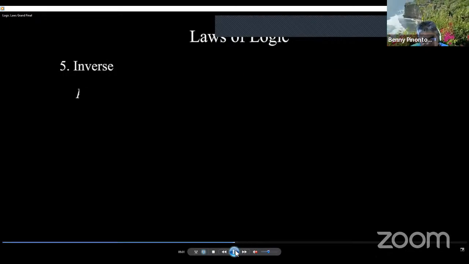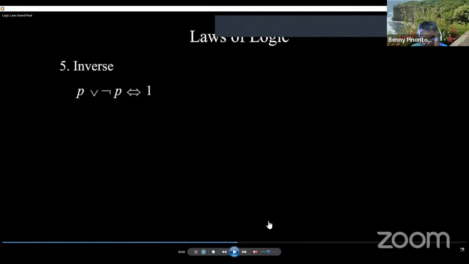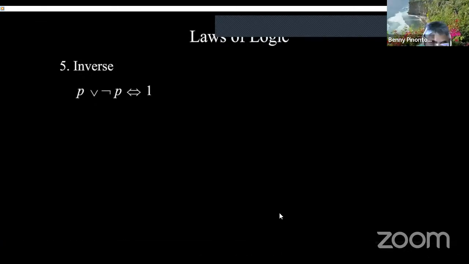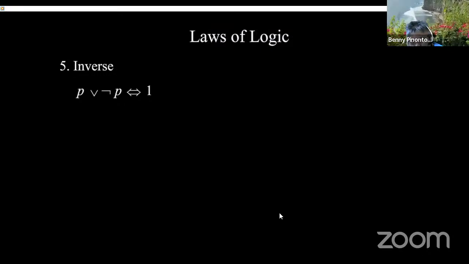Now inverse. We already talked about this before. Inverse is something that, when you operate with it, gives you the identity. So for example, what is the inverse for addition for 5? It means what number, when you add 5, gives you 0, the identity.